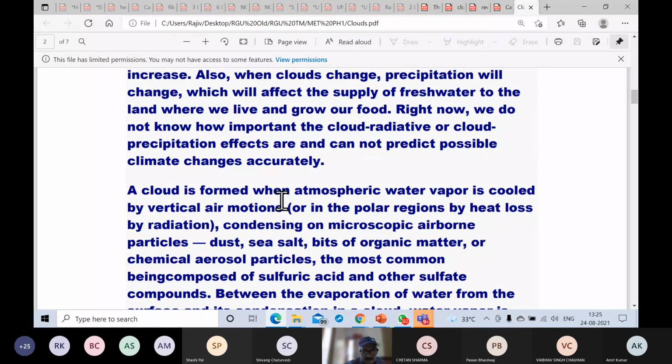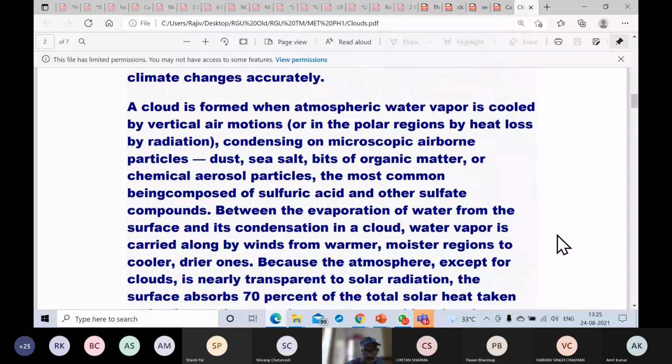It is not getting trapped. Then what happens? The temperatures are lowered. Not that they will drop and freeze, but let us say we talk of the maximum temperature and minimum temperature. Re-radiation is not being affected. It can get carried away because there is nothing stopping it.